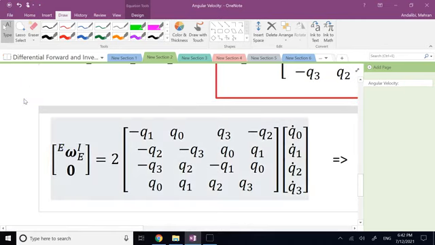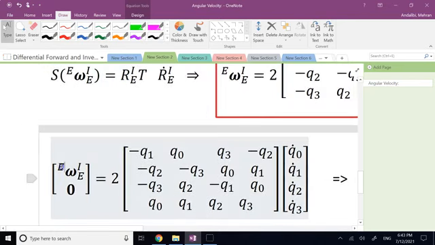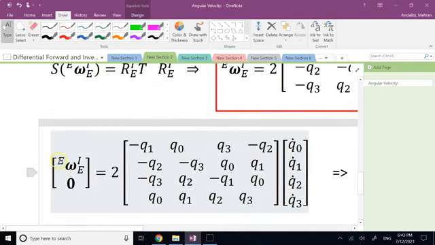Are they the i, j, k that are attached to the helicopter? Are they the ones for the frame attached to the helicopter? Or are they the ones that are attached to the inertial frame, let's say, on the ground? Well, of course, it is with respect to what is attached to the helicopter, right?